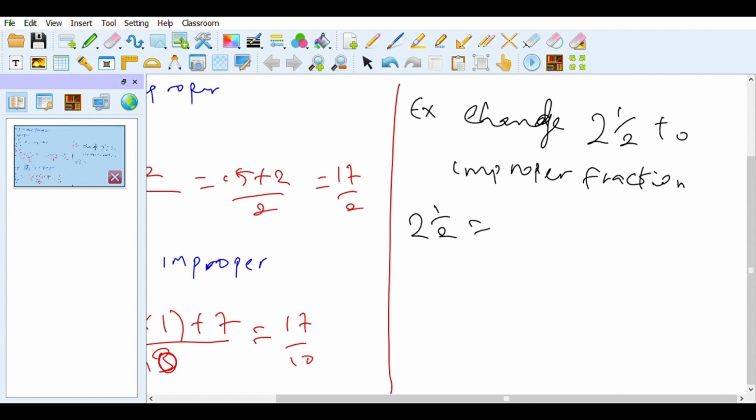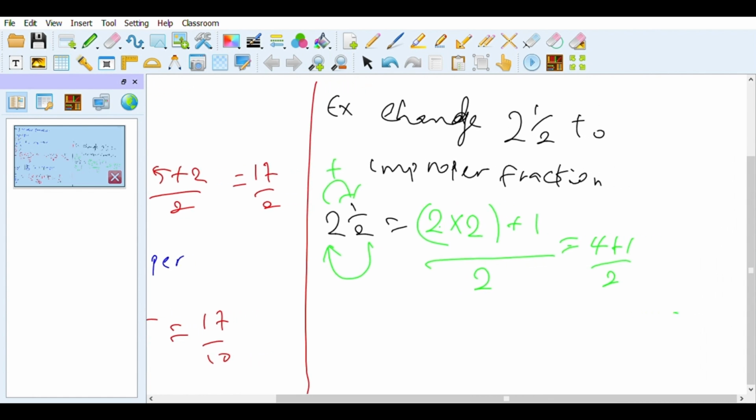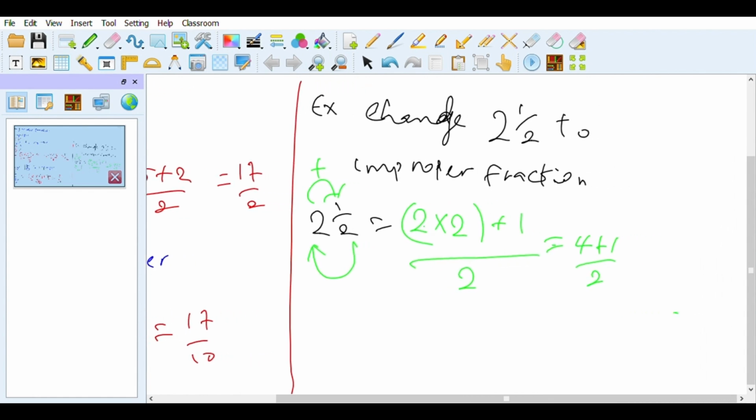What we're going to do is use the denominator, multiply by the whole number, that is 2 times 2. The answer we get, add the numerator, plus 1. Everything will still have the denominator. 2 times 2 is 4, plus 1, all over 2. Always remember to multiply and get your answer before you add.